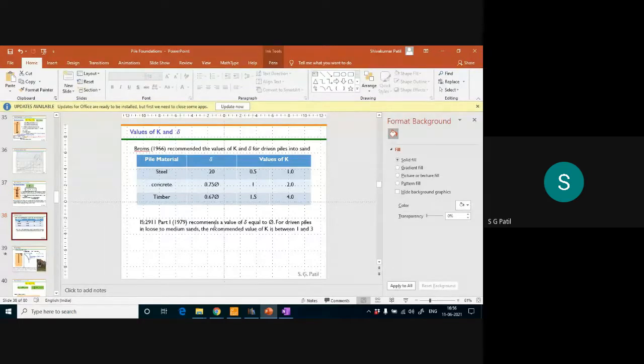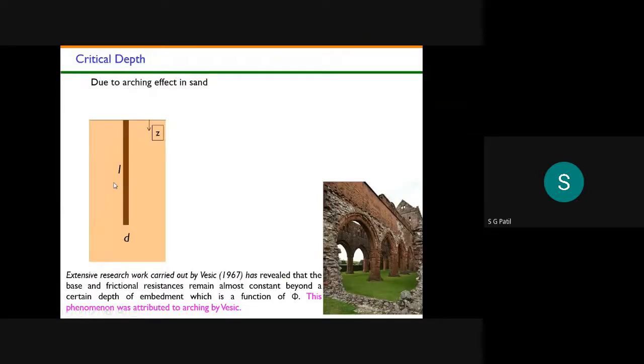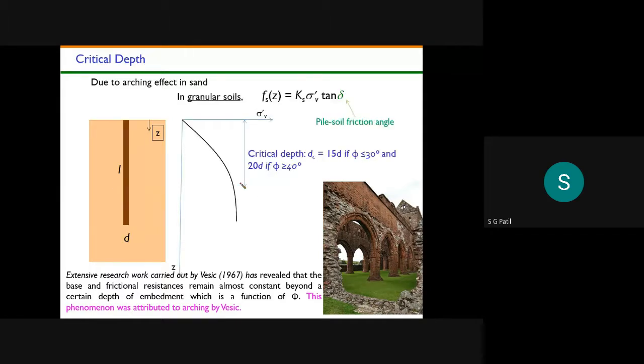And one more thing is this critical depth concept. Some researchers say that whatever this overburden pressure is, it will not increase along the depth. They say it will increase only up to a certain depth, then it will become constant. This depth is called the critical depth.